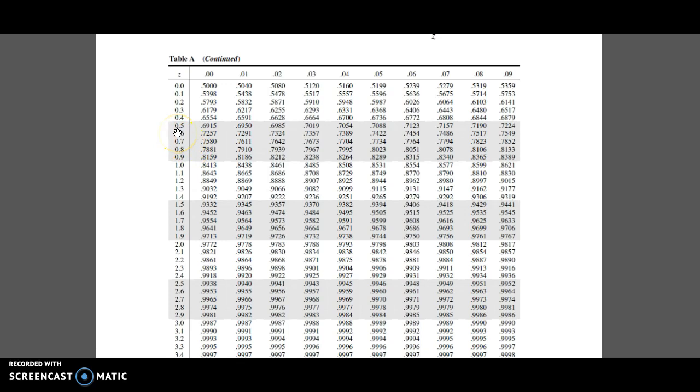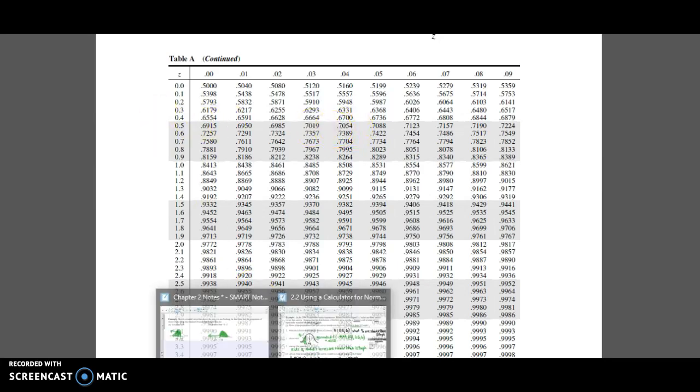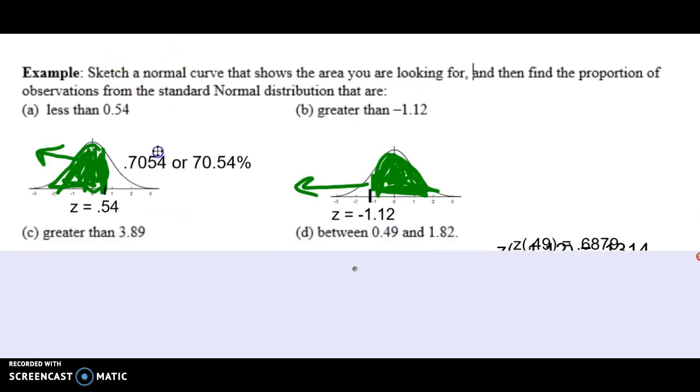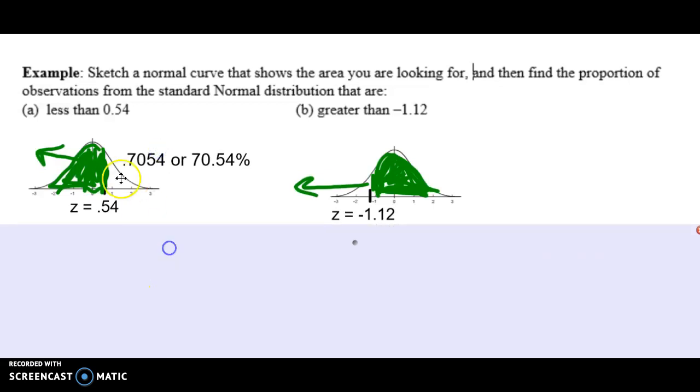So we want 0.5, and then we go over to the tenths column of 4, and we get 0.7054. So the area under the curve to the left of half a standard deviation above the mean is 0.7054 or 70.54%.